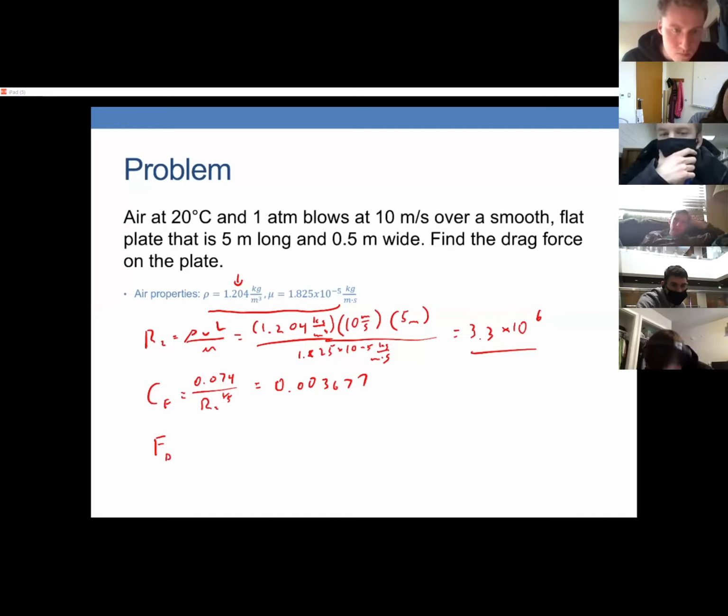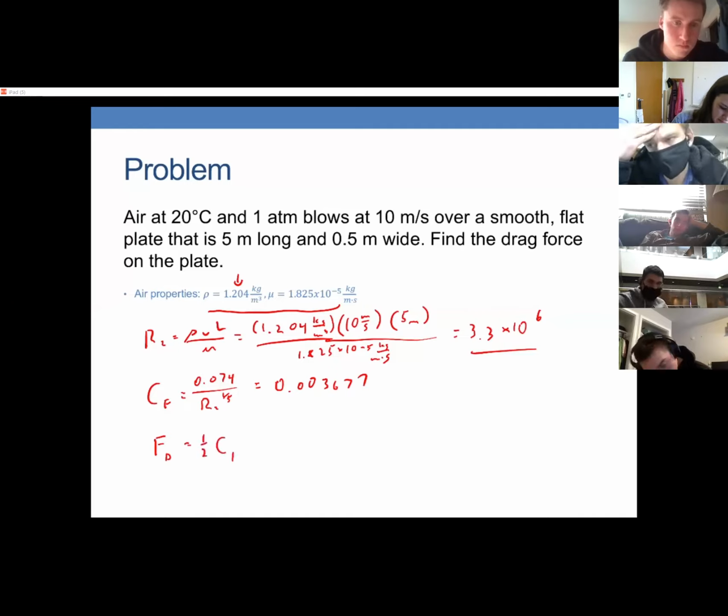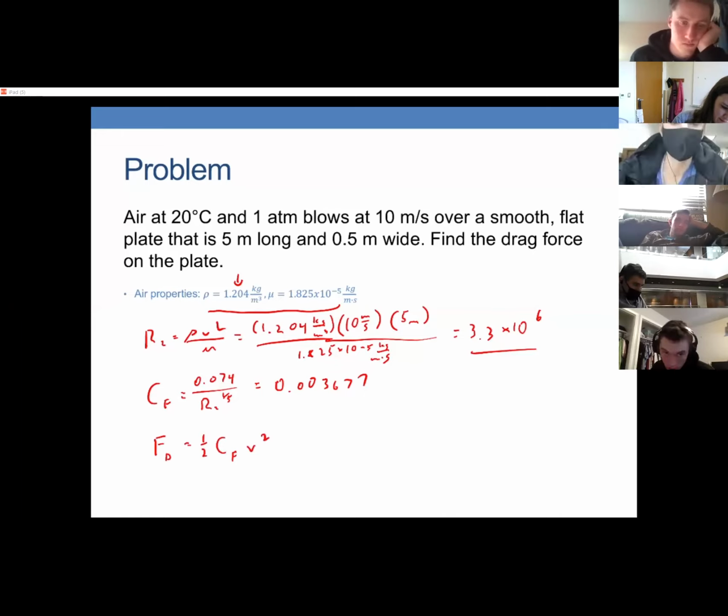And so the drag force in this case, because the force from friction will be most of the drag force here, we can use 1/2 C_F rho V squared A. Well, it is A, but now it's the area of the top of the plate. So now it's not the frontal area, it's the area of the top of the plate.